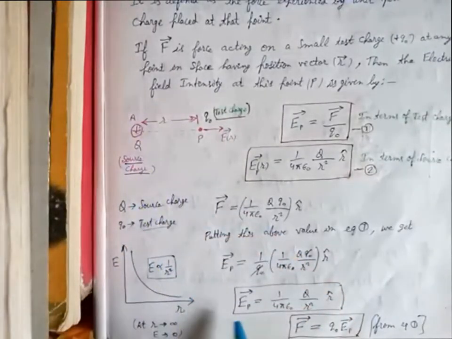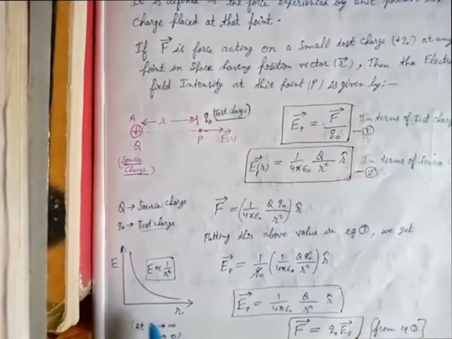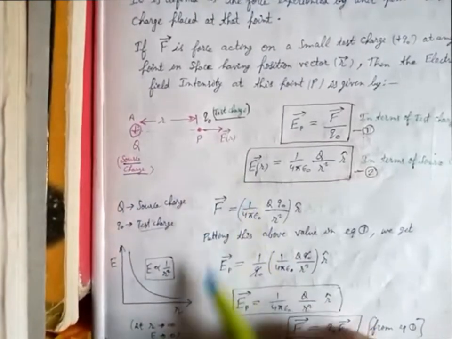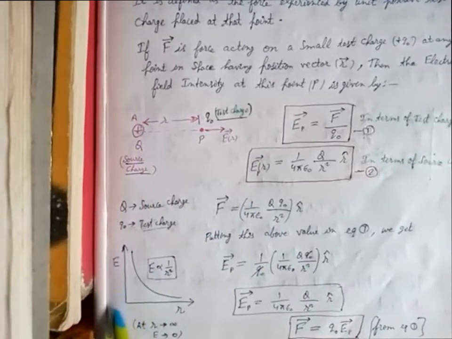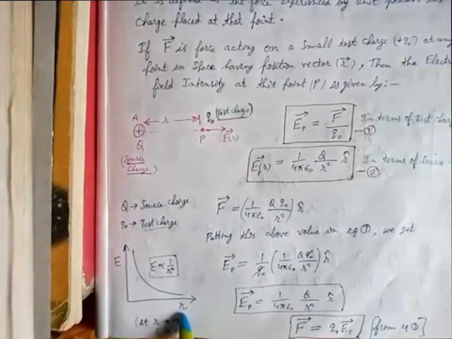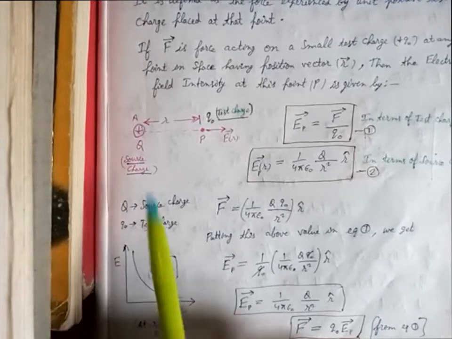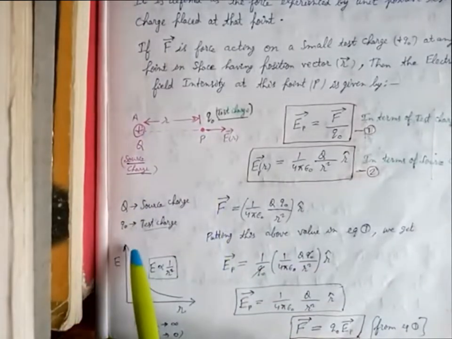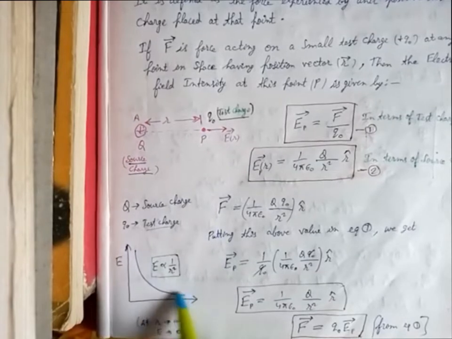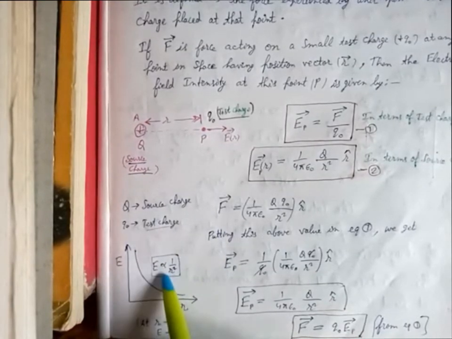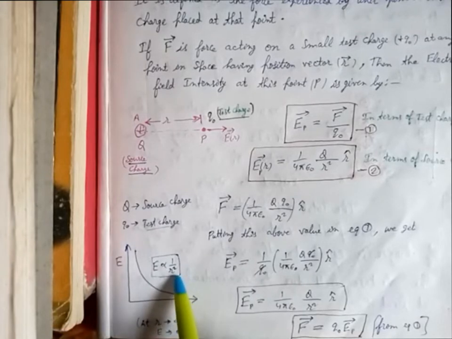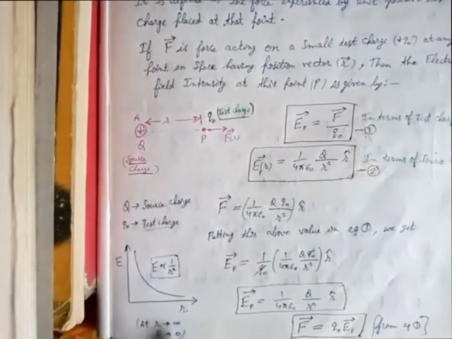And the graph of the variation of the electric field due to this point charge is this. This is E versus R, that is the position vector graph. It will be a rectangular hyperbola graph, because electric field is inversely proportional to the square of the distance from that point.